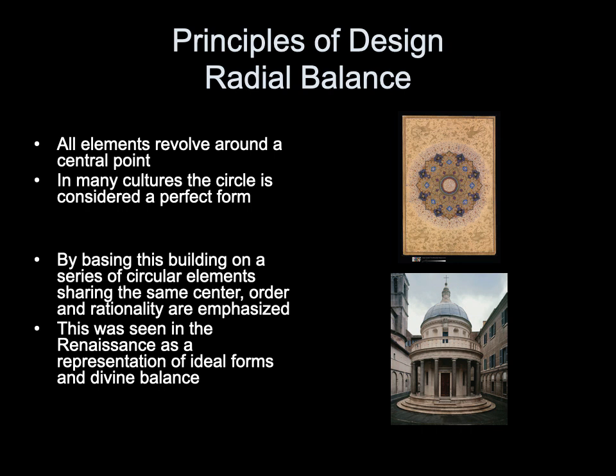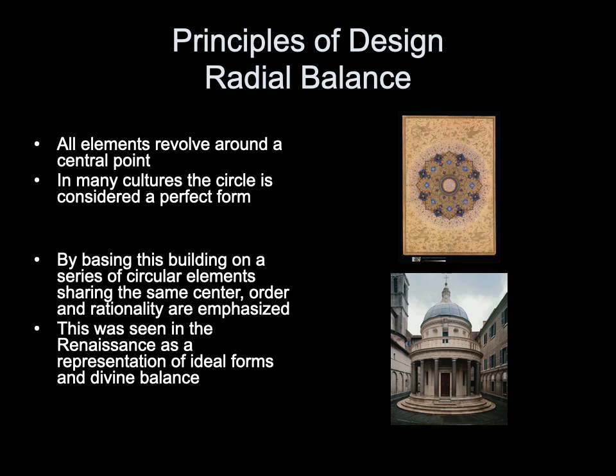And those are colors and gilt on a piece of paper. It is from the Muslim tradition of creating non-objective works of art. But everything radiates out from the very center of this piece. So it is radial balance and also symmetrical.